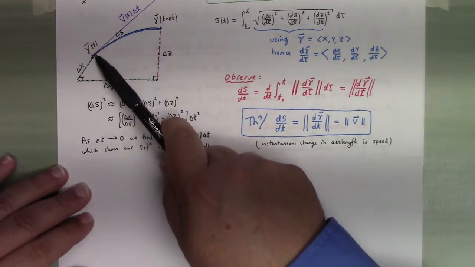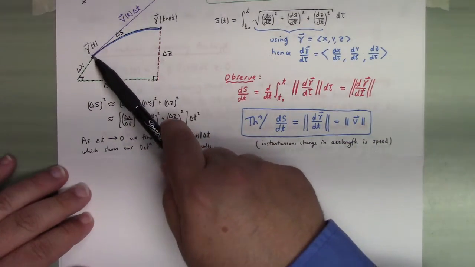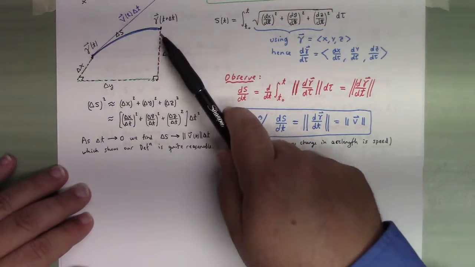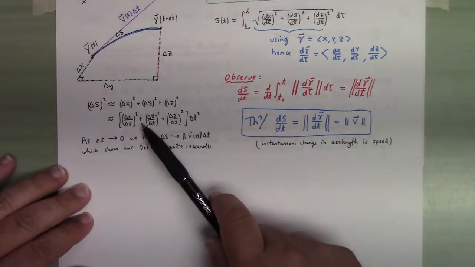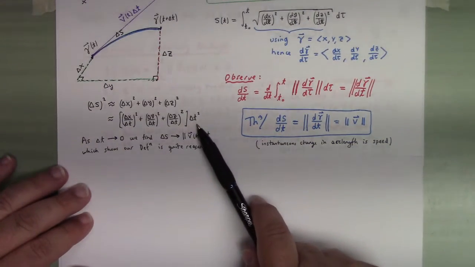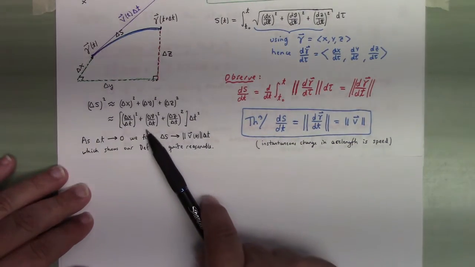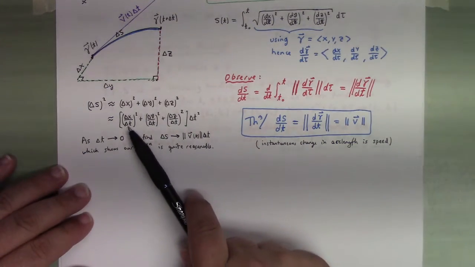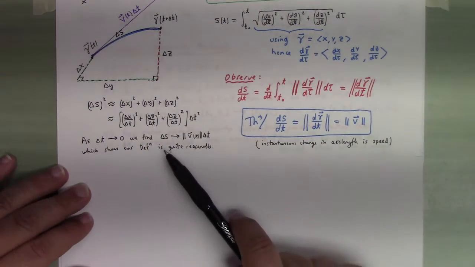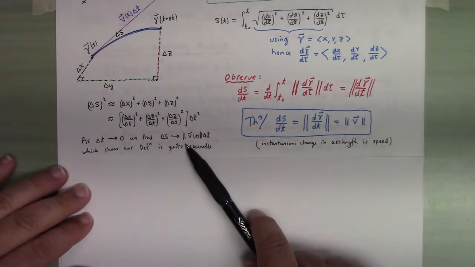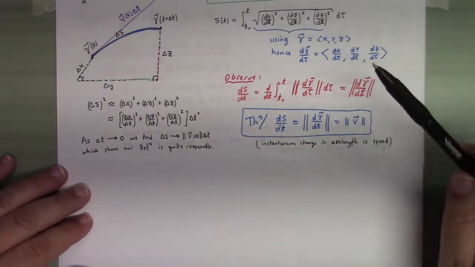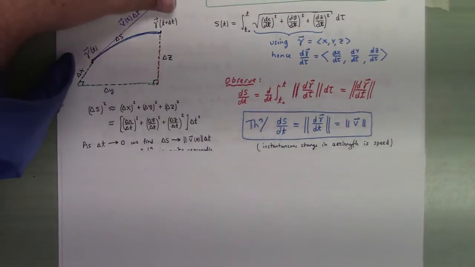To calculate the distance from here to here, I can use the 3-dimensional distance formula, delta x, delta y, delta z squared, square rooted. But if you use your imagination, you could also divide and multiply by delta t squared and see why we could describe that in terms of something having to do with the speed of the curve, right? So as delta t goes to 0, we find that delta s is something like the speed times delta t, which means that our definition is quite reasonable.